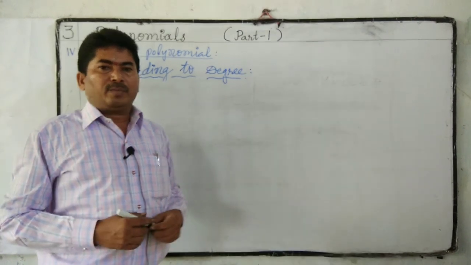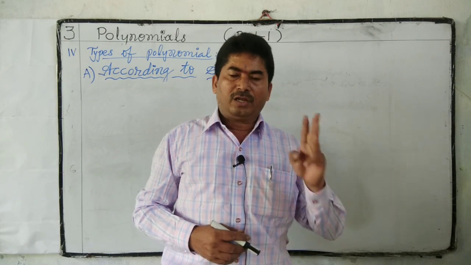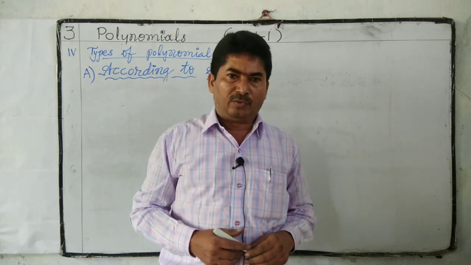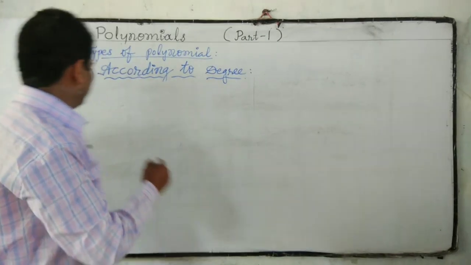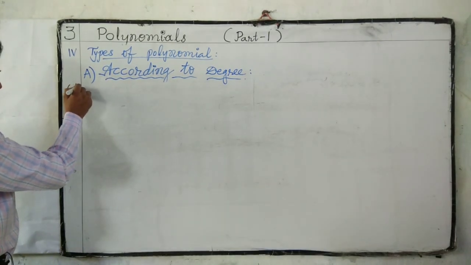Next, cubic polynomial. A polynomial of degree 3 is called a cubic polynomial.